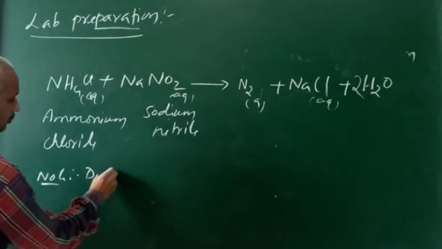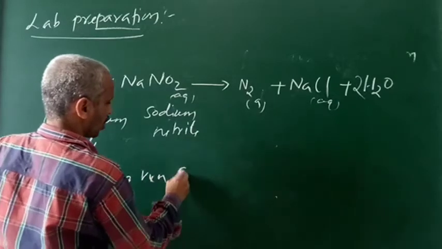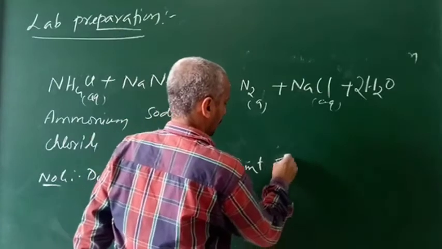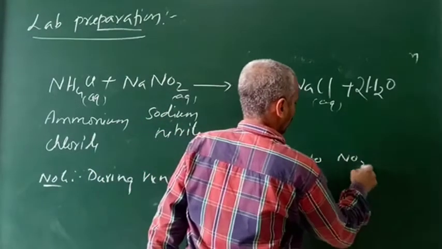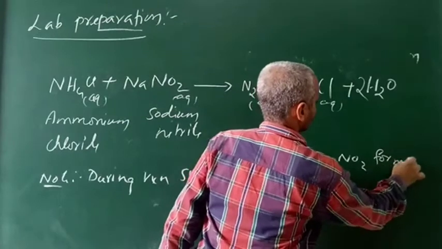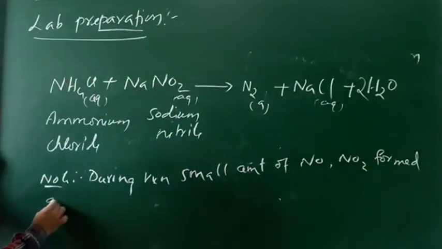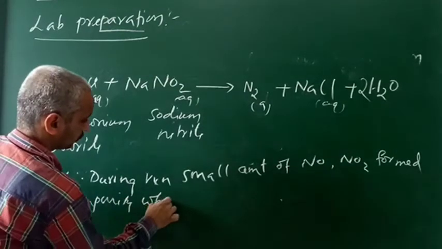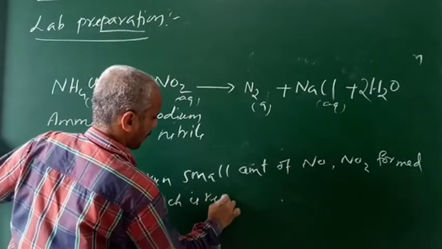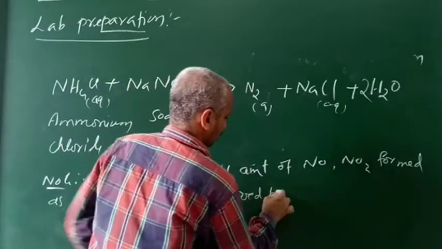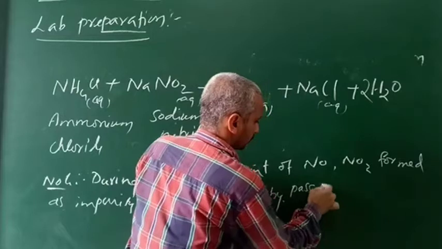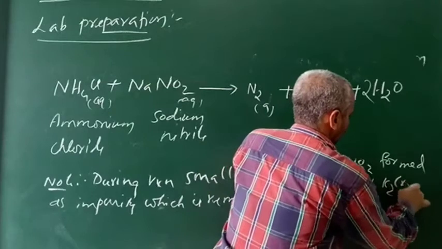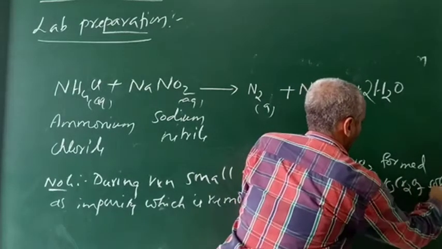During the reaction, a small amount of NO2 is formed as an impurity, which is removed by passing through K2Cr2O7 solution. Note this.